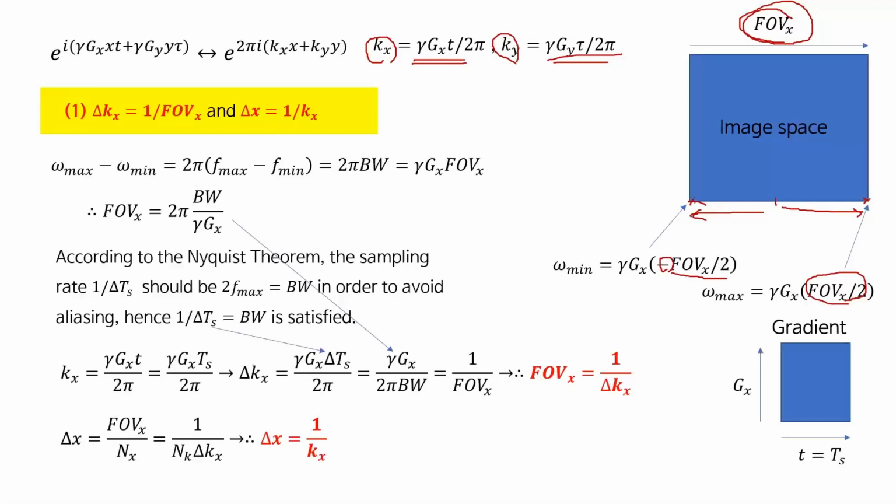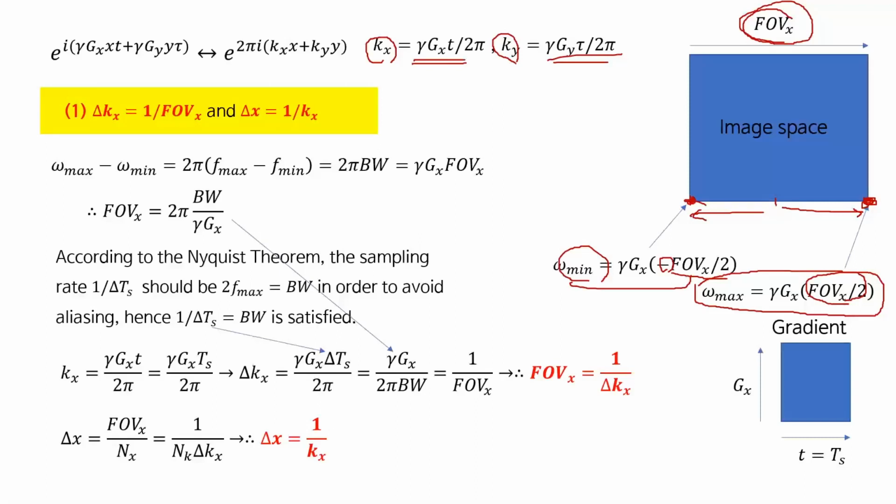The spins at this position have a normal frequency given by this relation, and at this point the nuclear spins have a normal frequency given by this relationship.